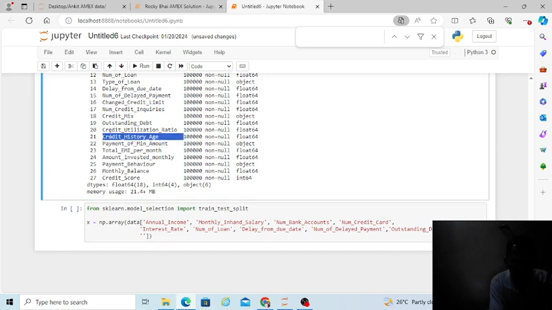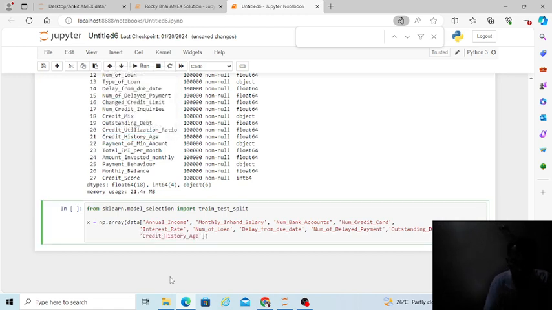Credit history is also important. And monthly balance.